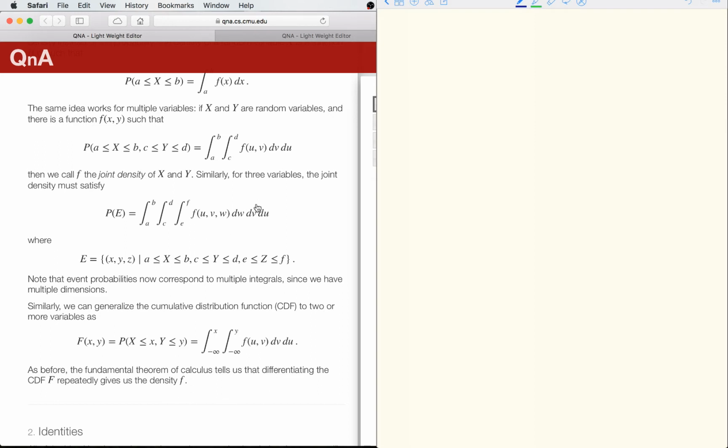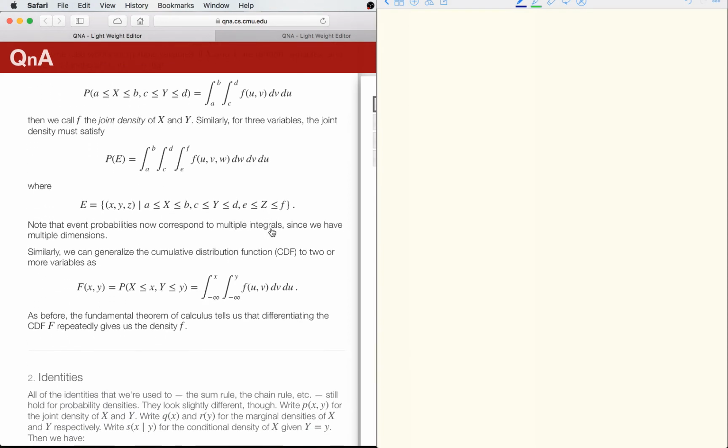In particular, if we have a function with two arguments, f of x, y, such that if you do a double integral over a rectangle, A B cross C D, of the density, you get the probability that the random variable falls in that rectangle, so x is between A and B, and y is between C and D. This is called the joint density. It's a density of both x and y. And you can generalize this to 3 variables and to more than that if you want to.